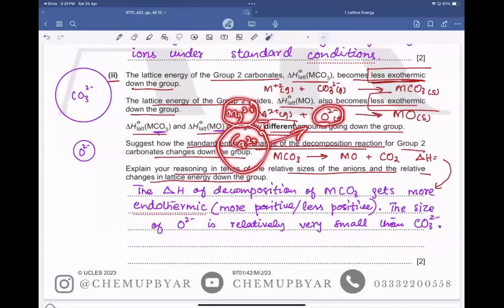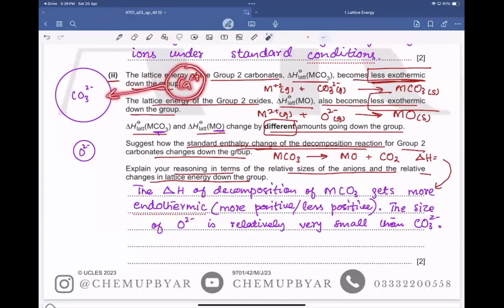So due to this bigger size, the change is significant among the sizes. But when we talk about carbonate, carbonate is already very big in size. So when magnesium bonds with it, the total size of both the ions, and when calcium bonds with it, the total size of both the ions, their change is not as significant as the change over here when a metal cation bonds with the oxide ion. Is this point clear?